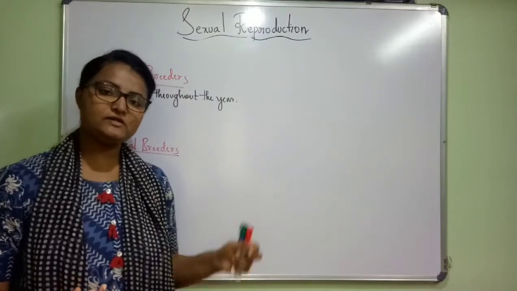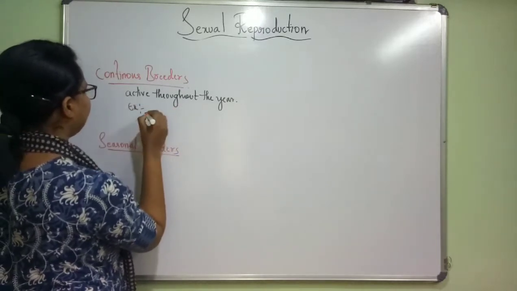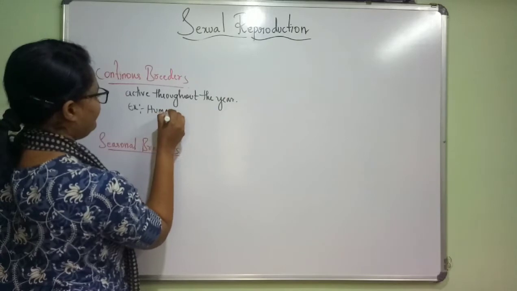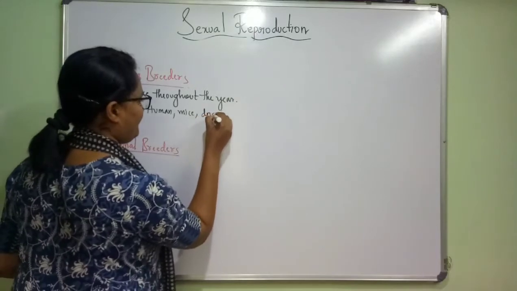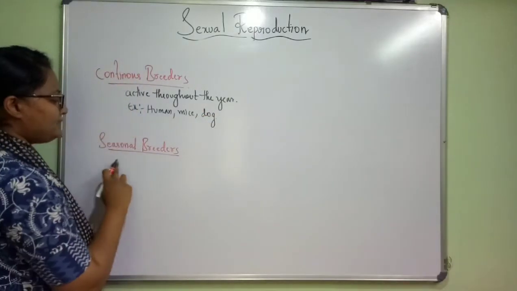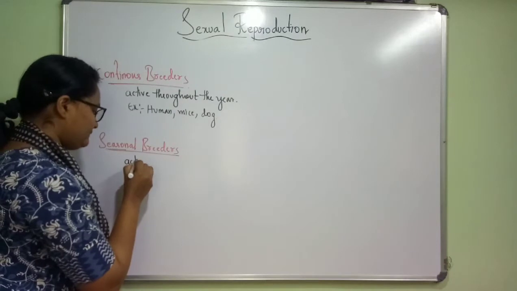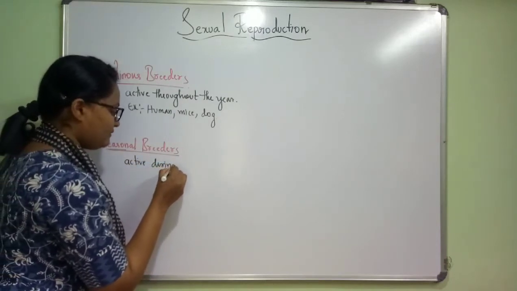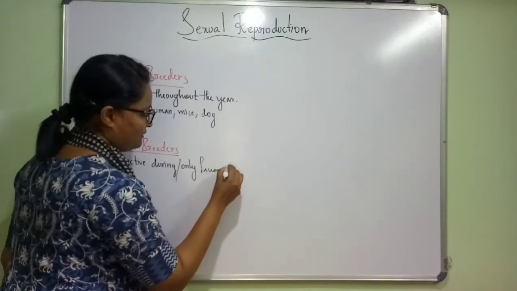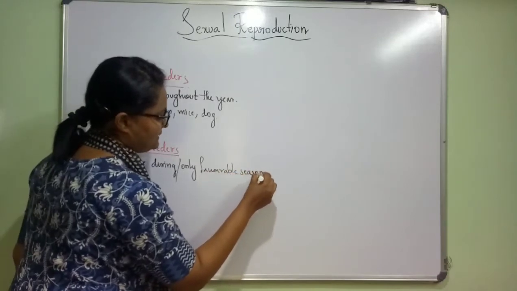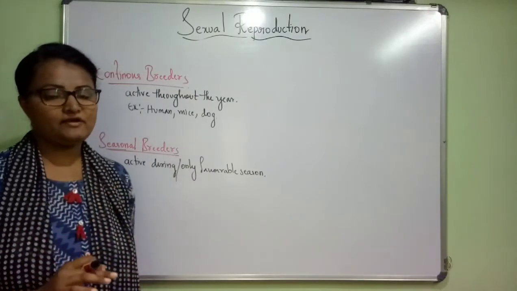Hence they are called continuous breeders, and examples are human beings, mice, dog, etc. And seasonal breeders, as the name indicates, are active only in the favorable season.